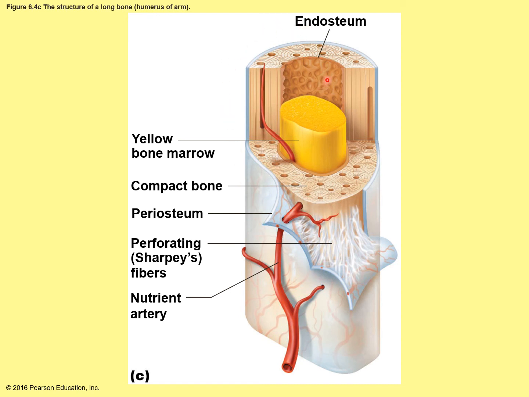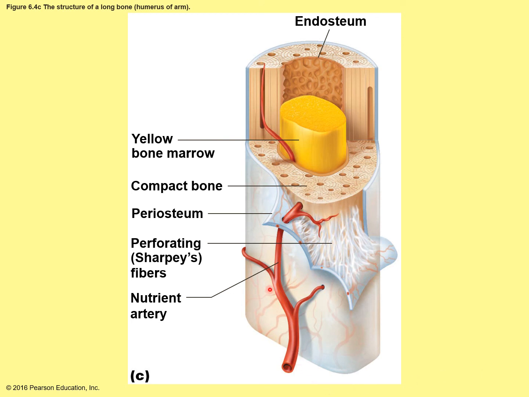So the endosteum is on the interior portion, lining that medullary cavity, and then lining the bone itself is the periosteum. It tends to be held or attached to the compact bones, held in place so it doesn't slide all over the place, by these, they're known as perforating fibers, also known as Sharpey's fibers. So that's what this fiber here is showing, attaching it to that compact bone itself.